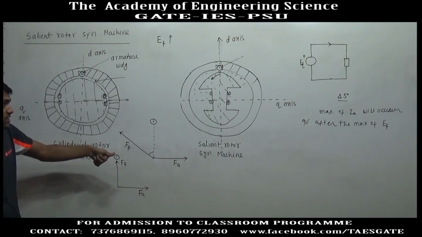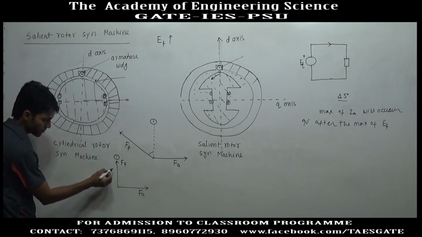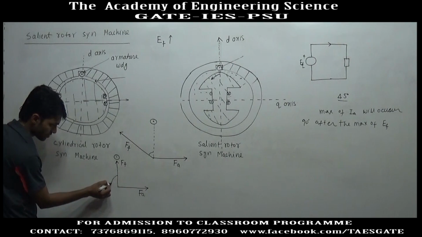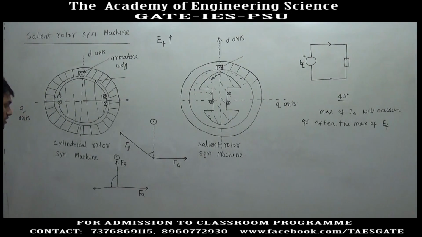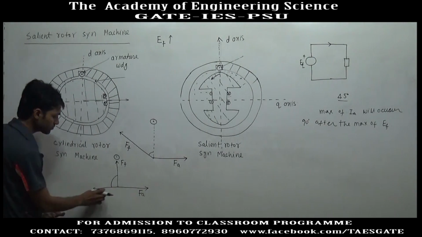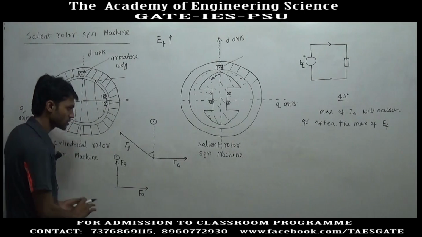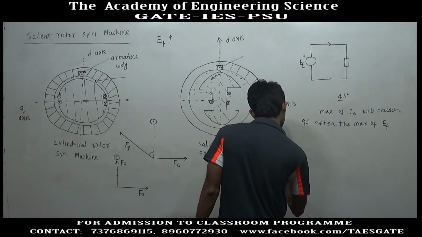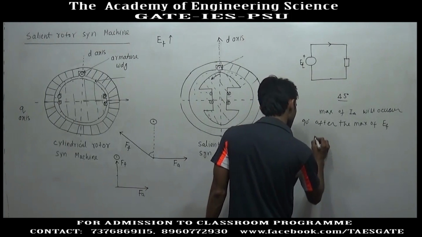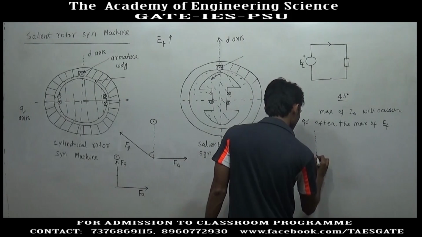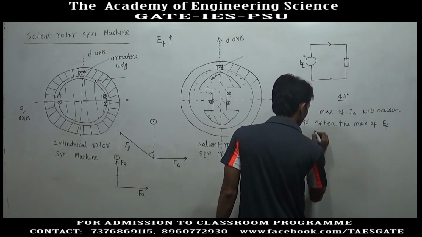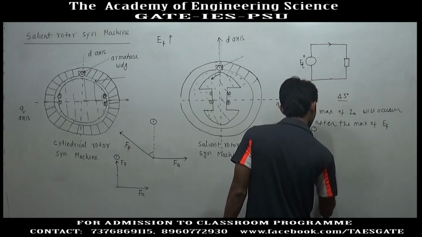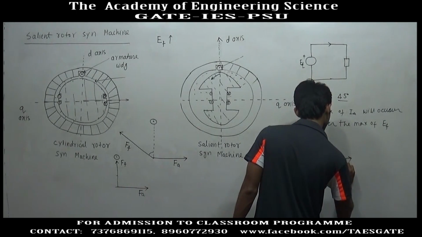And what will be the 90 degree duration? After 90 degrees, the field flux will rotate by 90 degrees electrical angle. So, the situation will be: the field flux would have rotated by 90 degrees with respect to its initial position, and now the current in this conductor will be maximum. So, the armature MMF is in this direction.